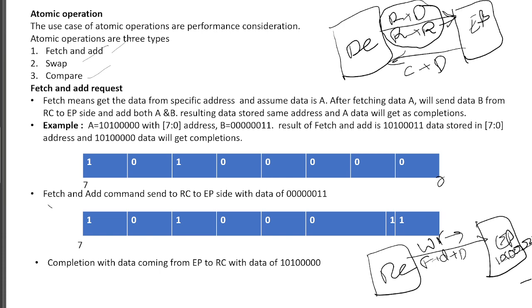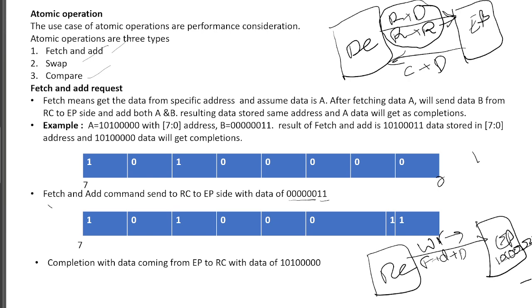It should be the same address. That is the limitation actually. So with the same address 0 to 7, you have the data 10150. Now you are sending a fetch and add request with data, and that data we assume is 6011.